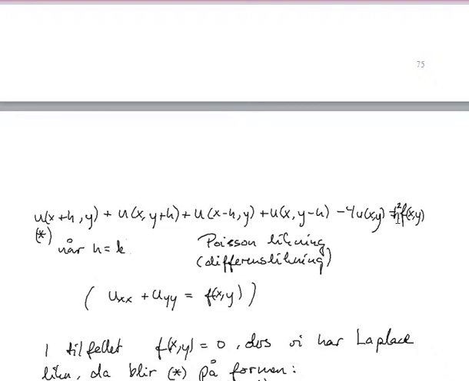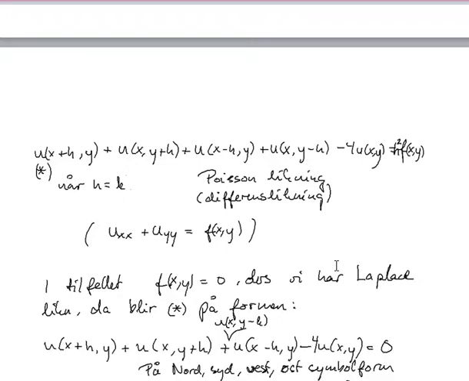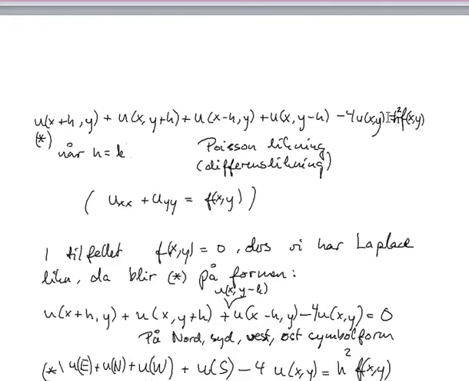In fact here we have just multiplied with h squared on both sides. And note that in the case when this f on the right side is equal to 0, then we obtain the Laplace equation. And in this case this equation turns into this simple equation.